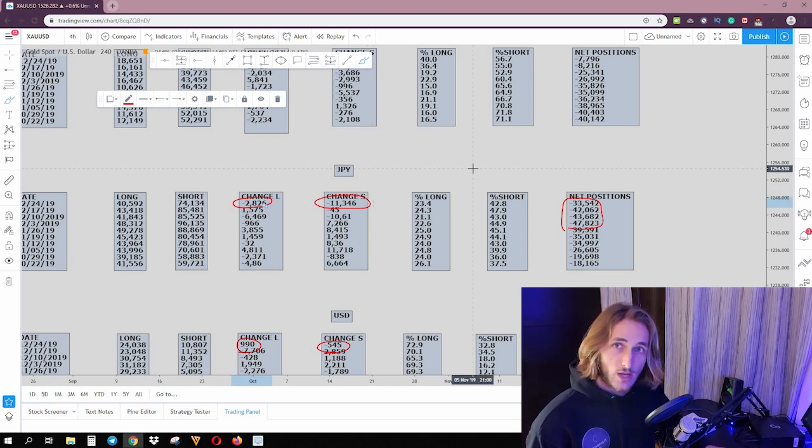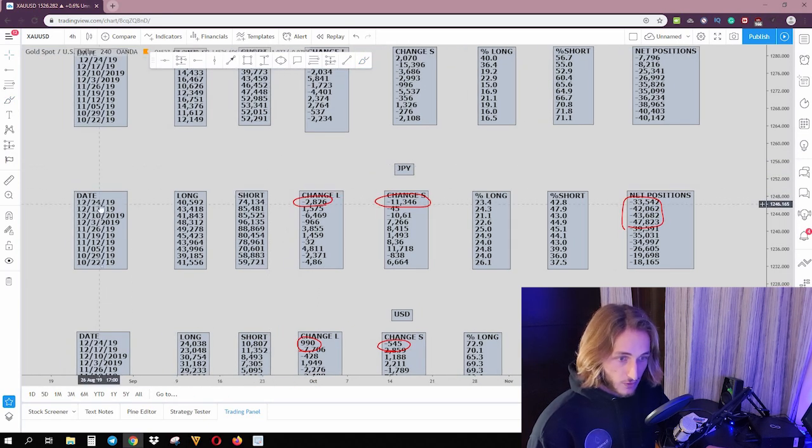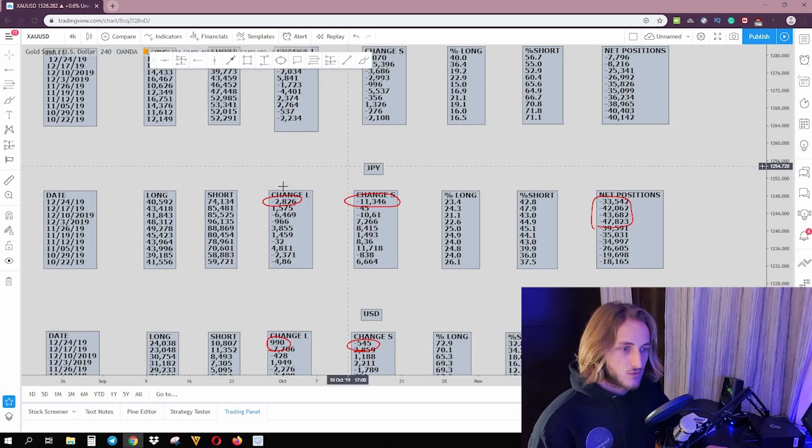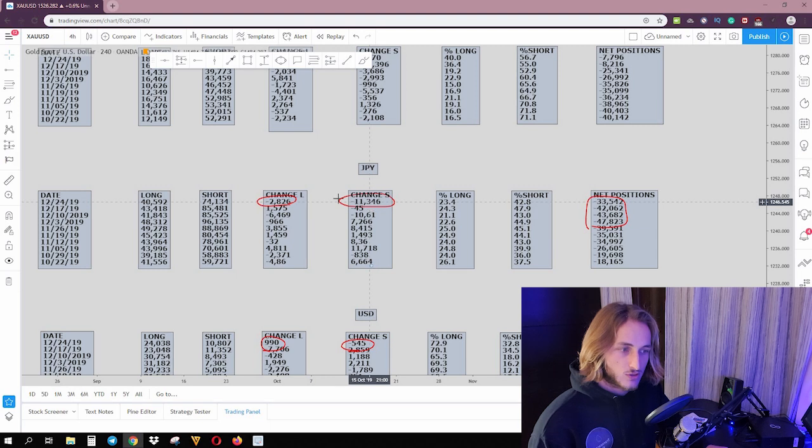And as you can see today, we got a very strong push to the downside on all JPY pairs, meaning that JPY got a strong push to the upside. They've been buying JPY, and we could already see it from the report of the 24th. If you start seeing that they're closing their shorts, it's only a matter of time before they start opening their longs. And that is the reason this push to the downside on all JPY pairs was very much expected.